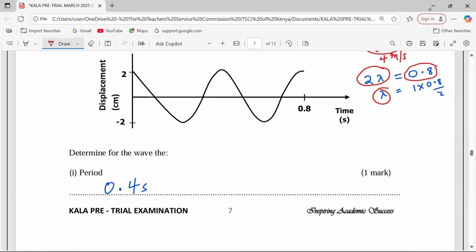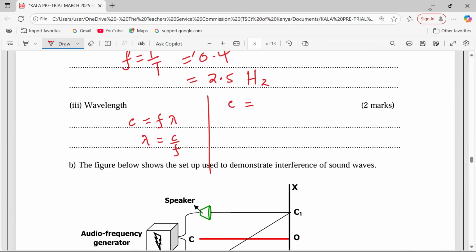So the speed is 4 meters per second. Therefore, wavelength equals 4 out of 2.5, which shall give us 1.6 meters.